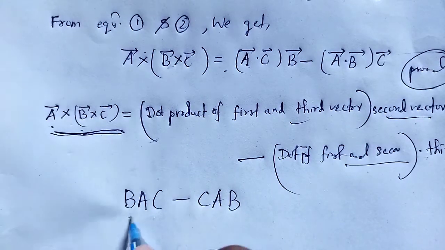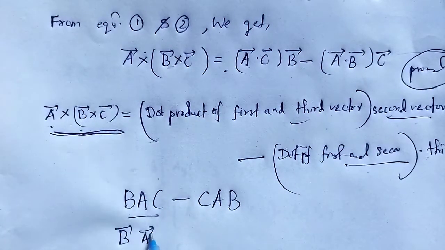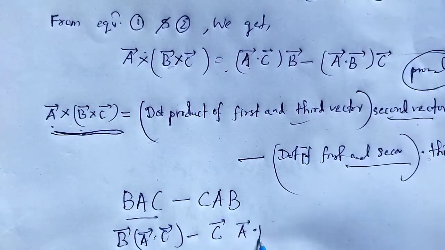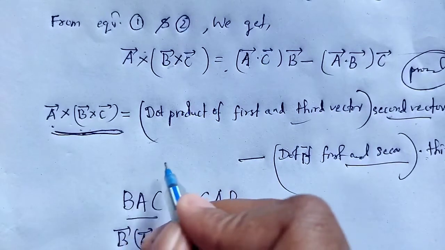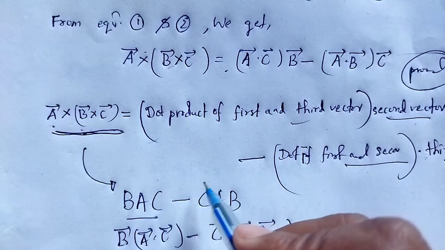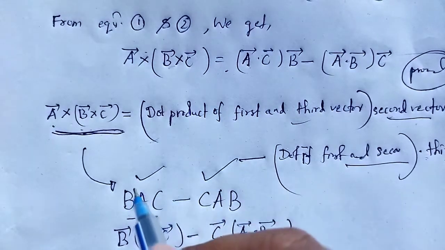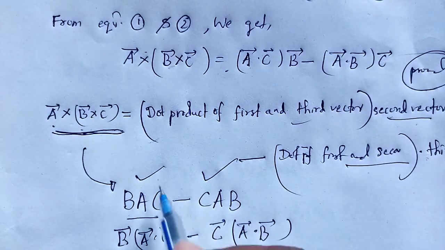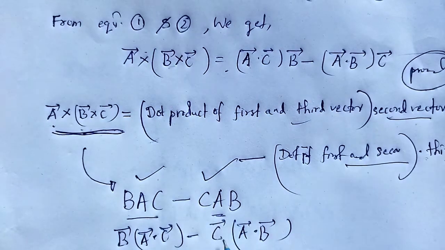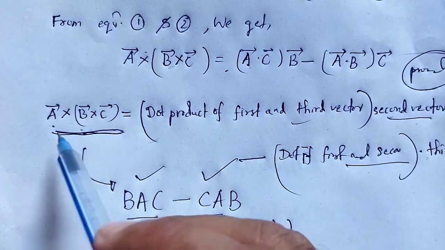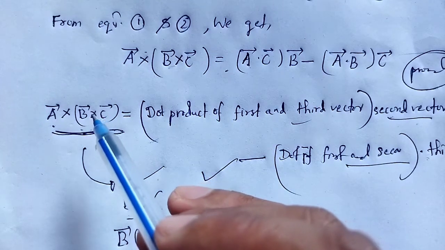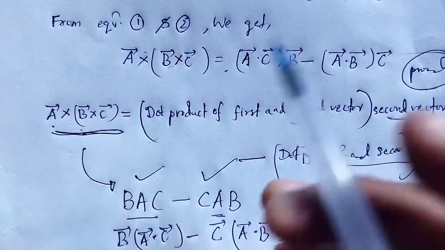This indicates B of A dot C minus C of A dot B. The form of back looks like this, B of A dot C, minus, in place of cab, C of A dot B. These are the memorization tricks for the expansion formula of the vector triple product.